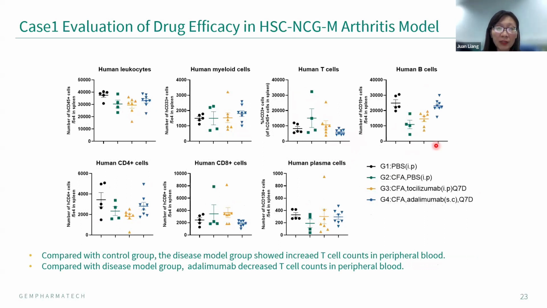Here are also similar results that present the cell population counts. Also, the T cell counts were increased in the modeling group, and TNF-alpha antibody treatment could reduce the T cell population.